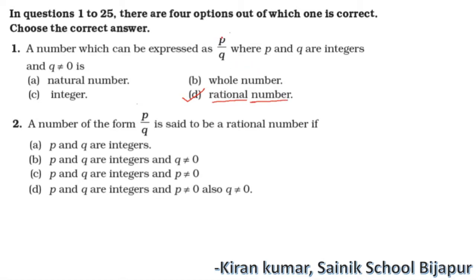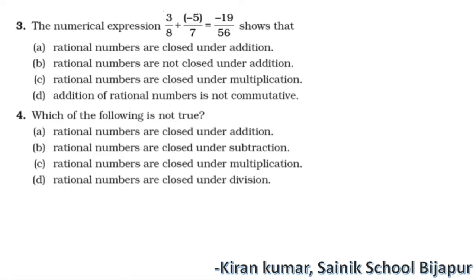It should be in the form of P by Q, where P and Q are integers and Q is not equal to 0. Question 2. A number of the form P by Q is said to be a rational number if P and Q should be integers and Q should not be equal to 0. Question 3.